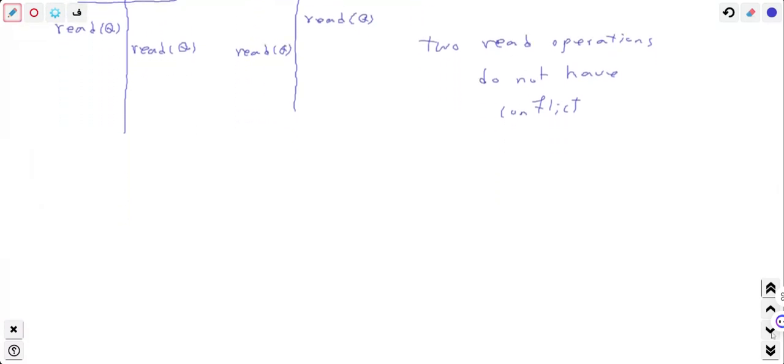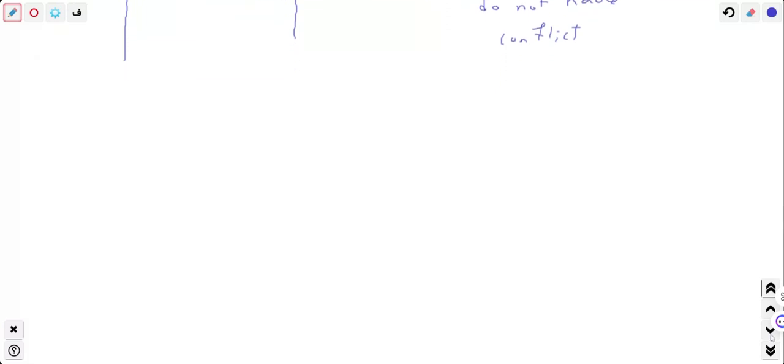For example, consider one transaction wants to read and the second transaction wants to write. Ti, Tj, and also here the other order, Tj, Ti.